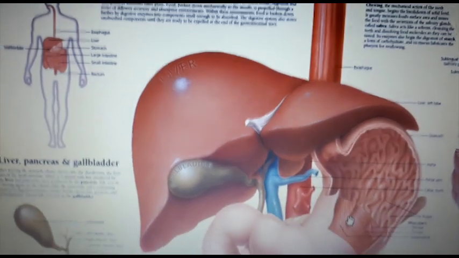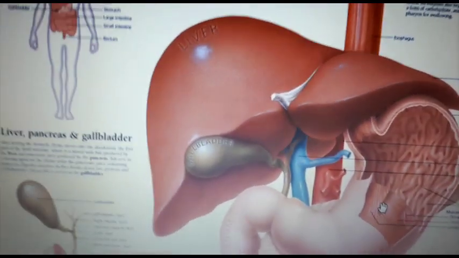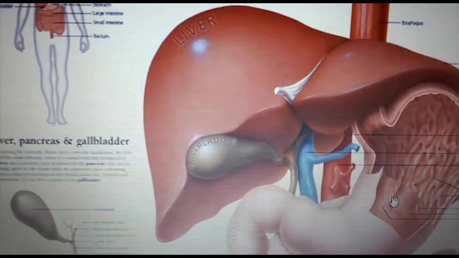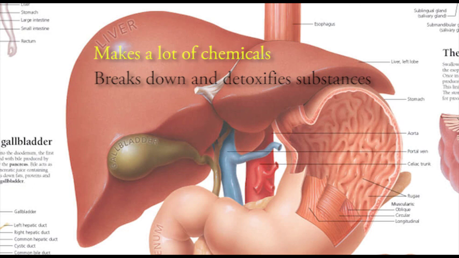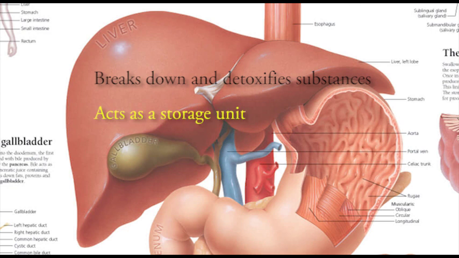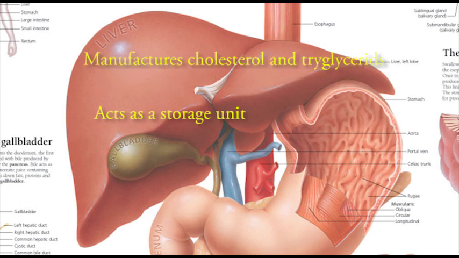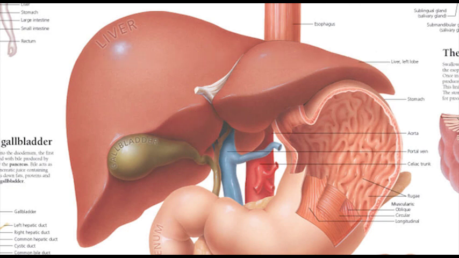Now here we have the liver that you can see is a very big organ and has also a lot of functions. I'm going to tell you some of the functions that it has. It makes a lot of chemicals. It breaks down and detoxifies substances. It acts as a storage unit. It manufactures cholesterol and triglycerides, a very important function.